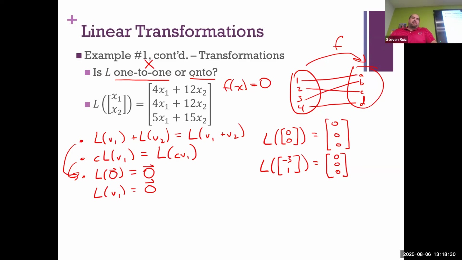I want to know, is it onto Rn, whatever the appropriate dimension space is on the output side. So for us, what's the dimension of our range space here? So it's R3.